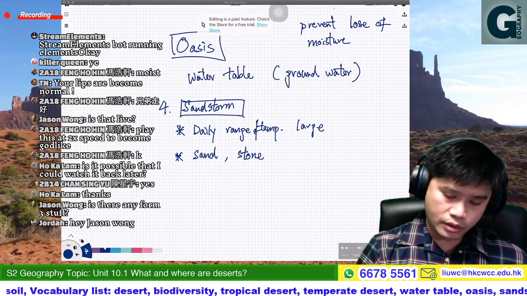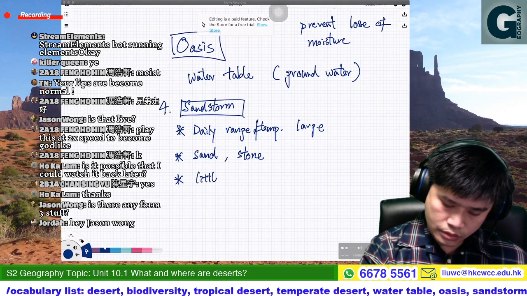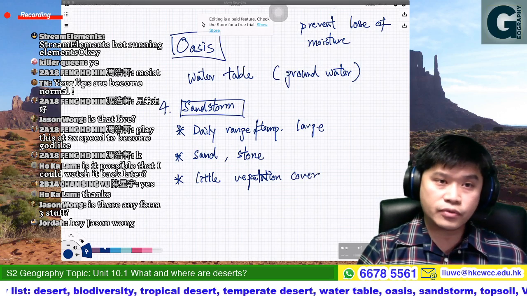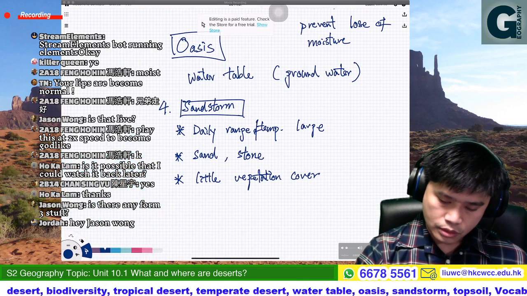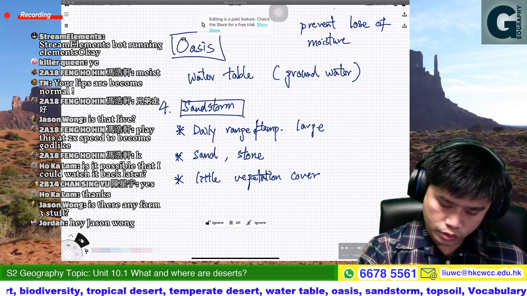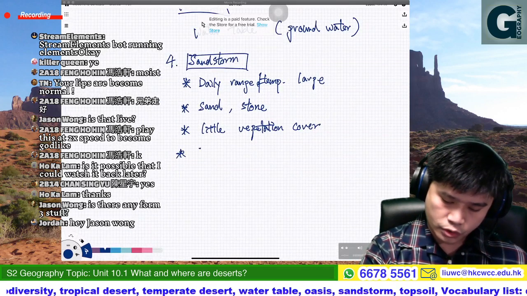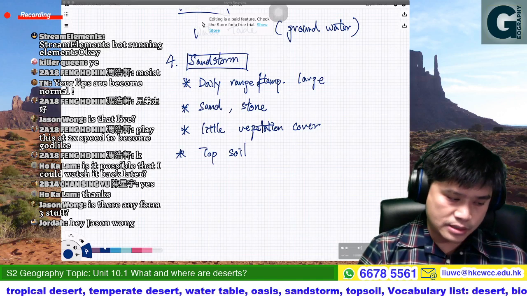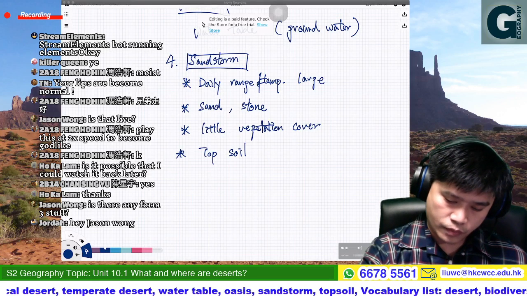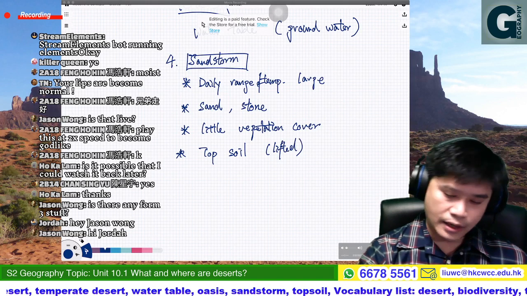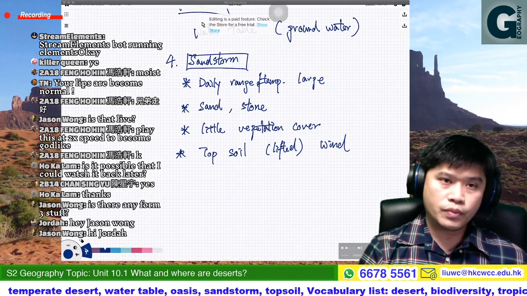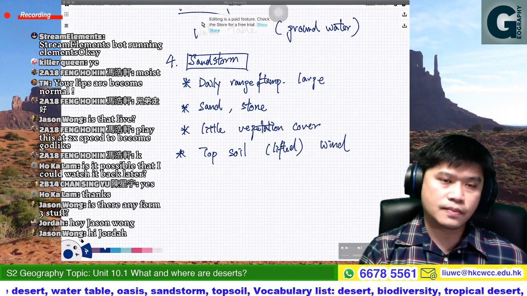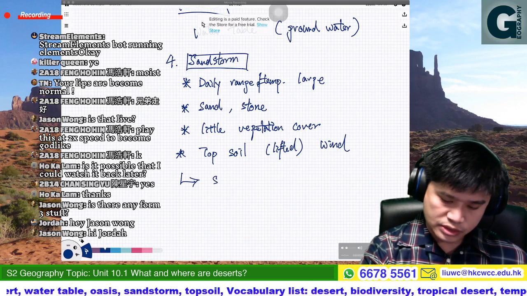Therefore, with the little vegetation cover, the topsoil, you should note this, the topsoil in the place would be lifted by wind easily and carried away to other places. Then it leads to the sandstorm.